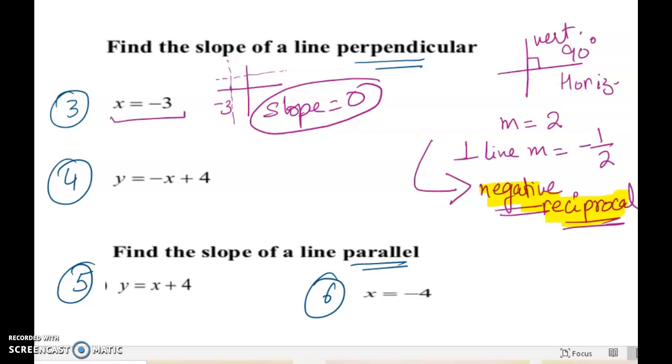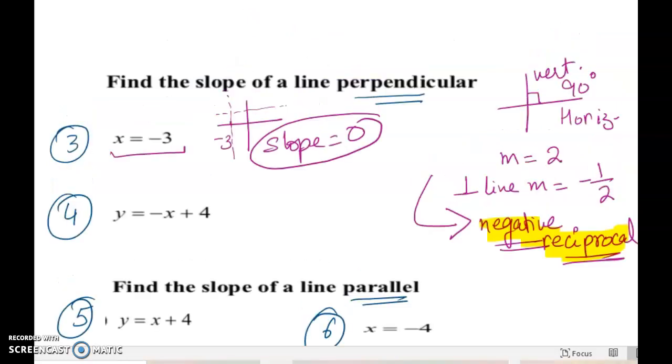Let's go back again. Again and again, you need to keep in mind that the slope of a vertical line is always undefined and the slope of a horizontal line is 0.